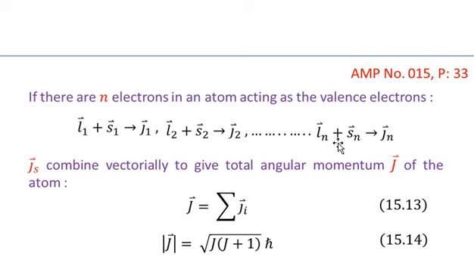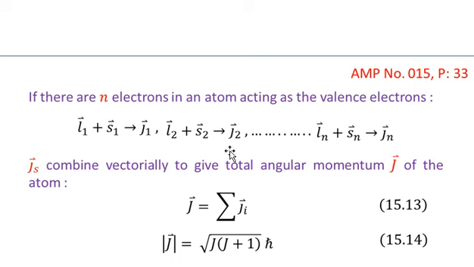Finally, Ln and Sn, that is the orbital angular momentum due to the nth electron and the spin angular momentum due to the nth electron, will combine to give you Jn, which is the total angular momentum of the nth electron.